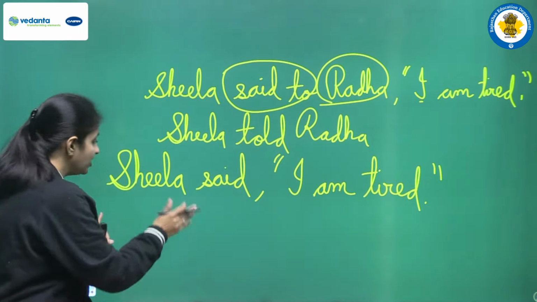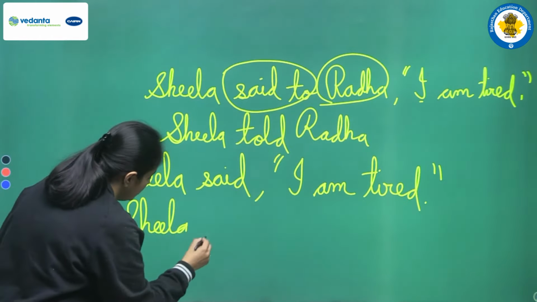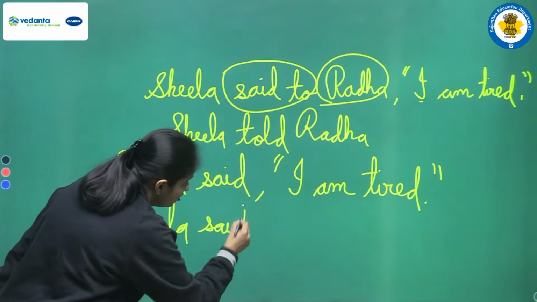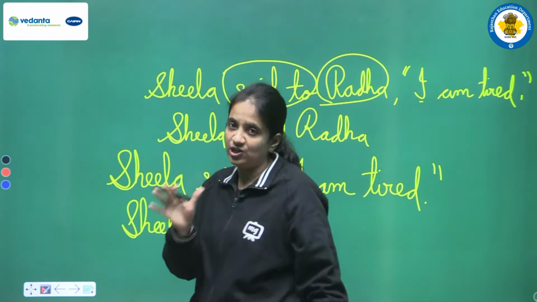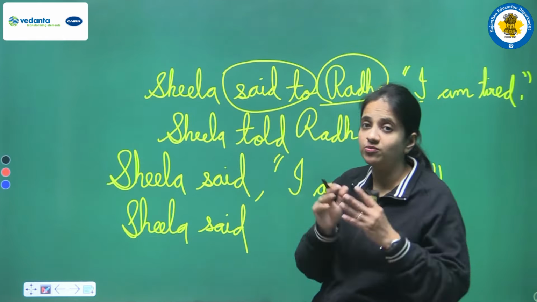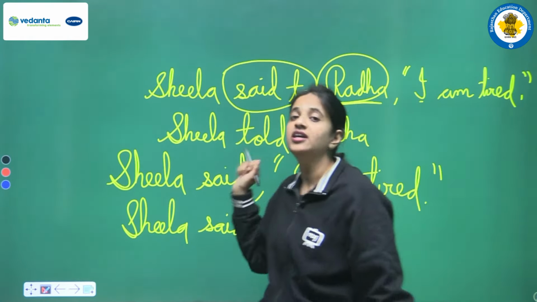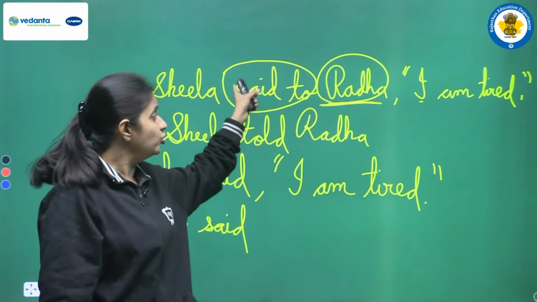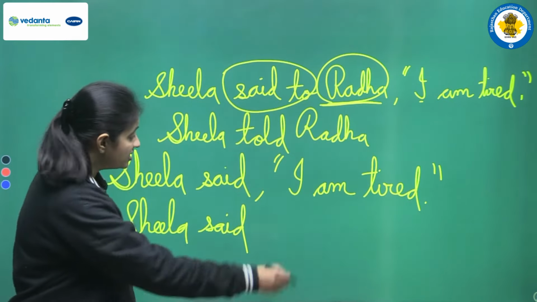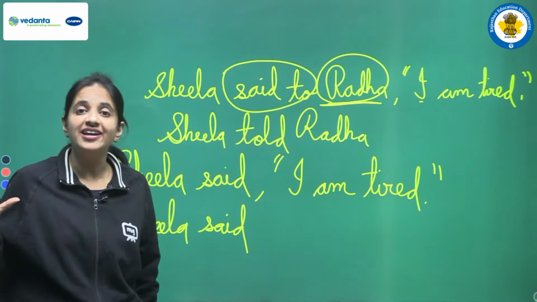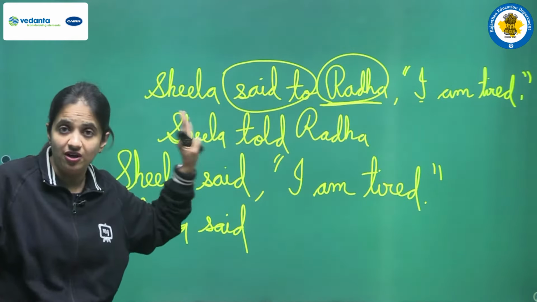But when we convert this other sentence, we will write: Sheila said. We are not changing said into told. Why? This is what you have to observe very closely: when we have an object, said is followed by to. If there is no object, obviously said will not be followed by to. So this is a difference you have to observe closely.